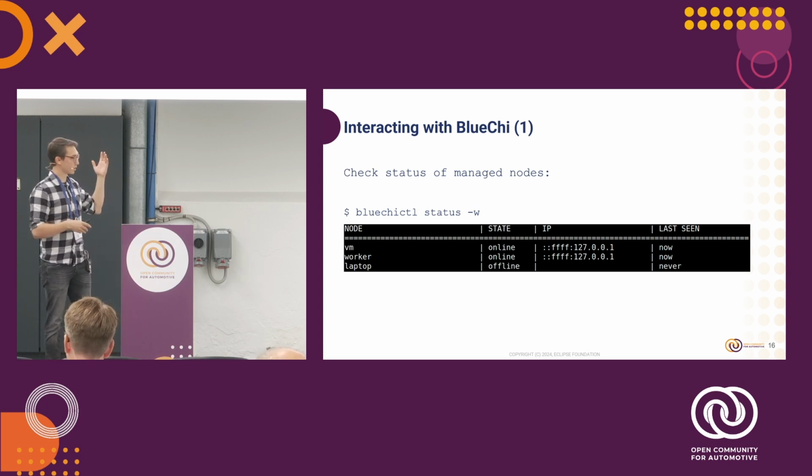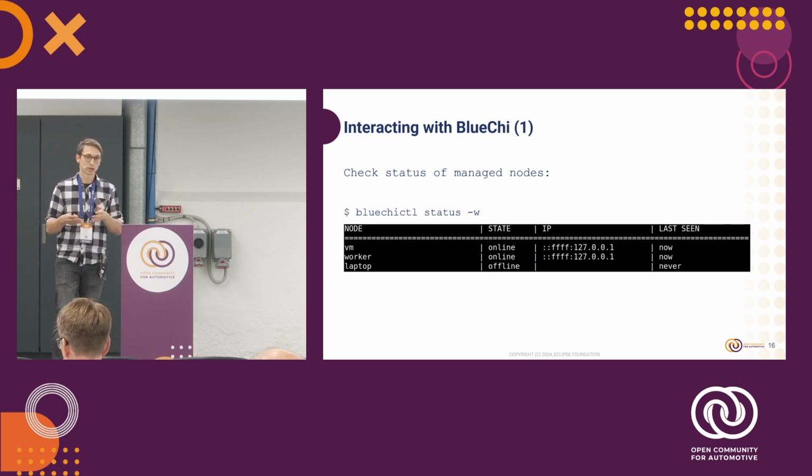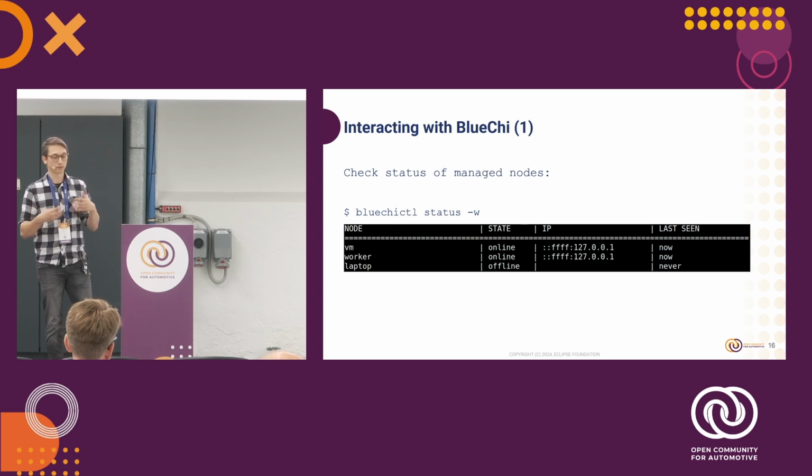You could also use a -w option to continuously monitor. And it's important to note that this is kind of event-driven, so we don't do any network traffic, just when the actual events are happening.